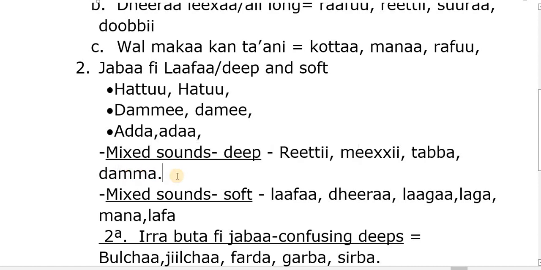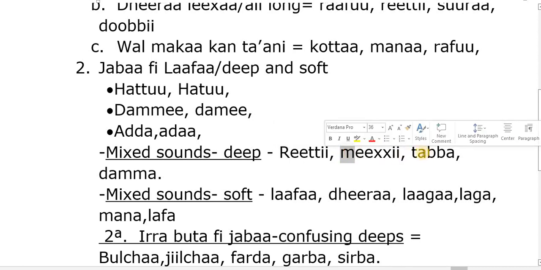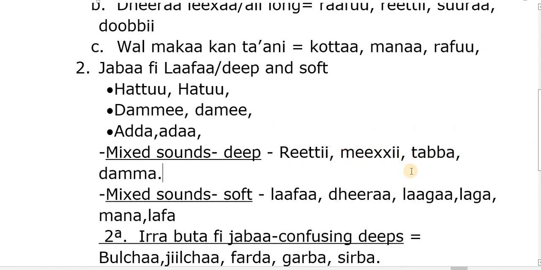Here is where I want to introduce you about the first sounds. There is no first sound in Oromo that can be made strong. Try to speak. You can't make any first sound in an Oromo word stronger or deeper. That's impossible.